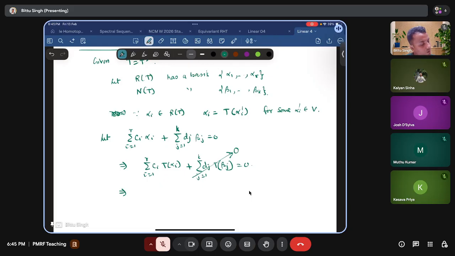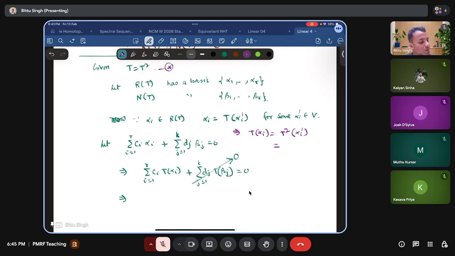But from here, we see that alpha i is the same as T alpha i dash. Therefore, T of alpha i is the same as T composed with T, which is T square of alpha i dash. But it is already given that rank of T is the same as rank of T square. So we get T square is the same as T alpha i dash, and this is simply alpha i.